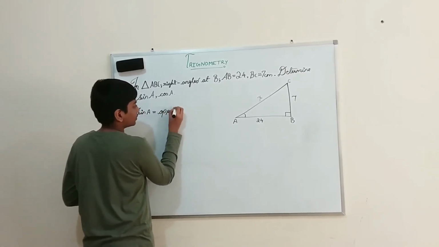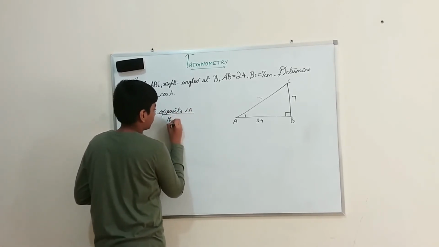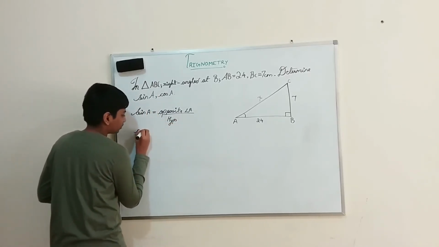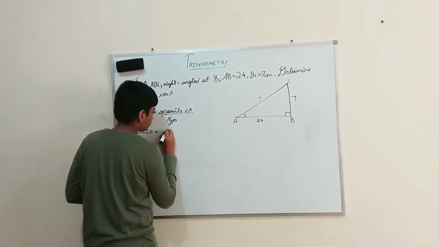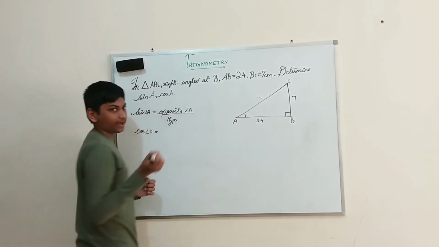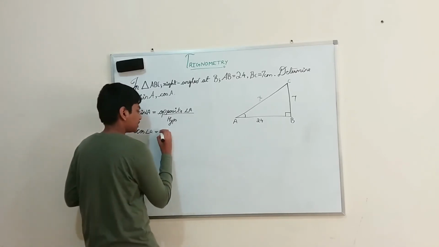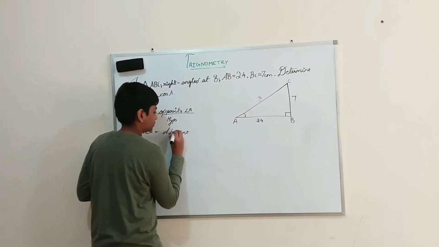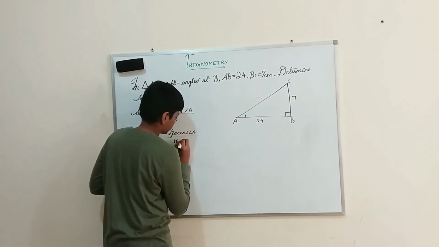And cos of angle A is equal to adjacent to angle A by hypotenuse.